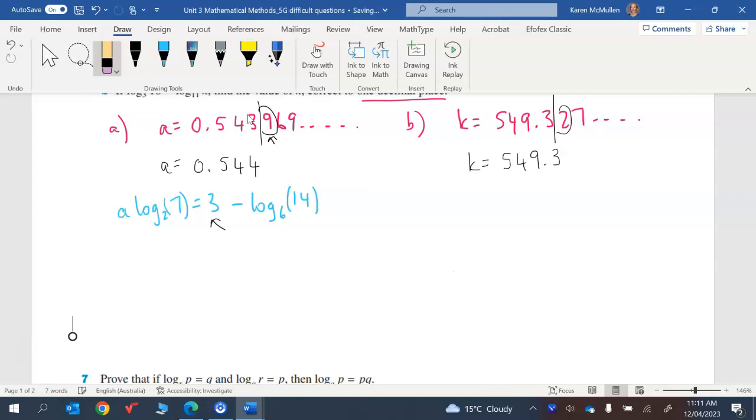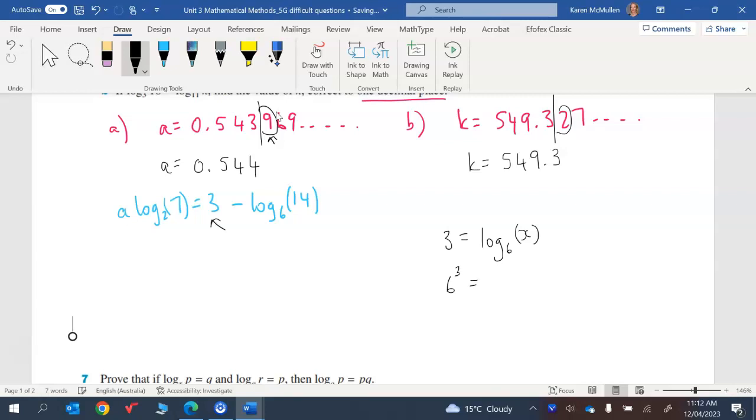Let me just get rid of all that. And let's just do it on the side here. Okay, so 3 is equal to, if we want the base to be the same, log base 6 of x. So we need to work out what x is going to be. So when we solve for x, take base 6 of both sides.